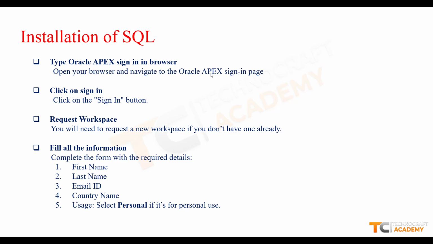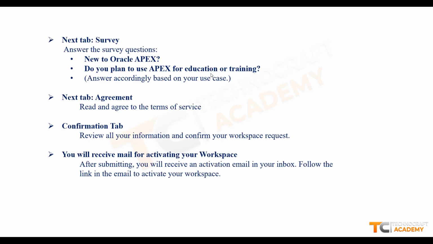Click on it, and then provide all the information on the first tab: your first name, last name, mail address, country name, and the purpose of using Oracle Apex, whether it is personal usage. Then click personal usage and provide your active mail ID, since you are going to get an activation mail for your workspace. Once this information is provided, you'll get the next tab.